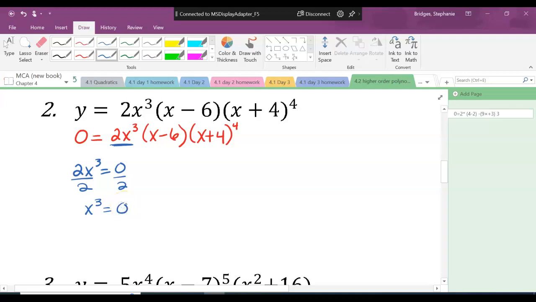And then if it's x to the third, to solve that, we just think, what are we cubing to get 0? And it would just be 0. So you can kind of take your cube root if you want, probably not necessary since it's 0. And so x is going to be 0. But again, it happens how many times? 3 times. So I'm going to put multiplicity of 3 behind that.